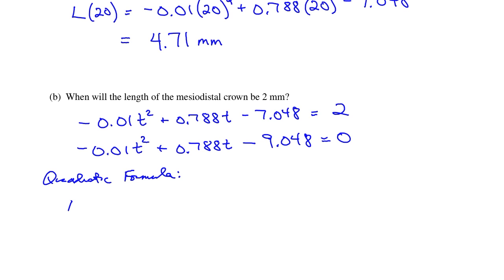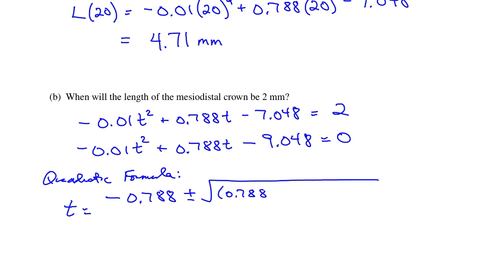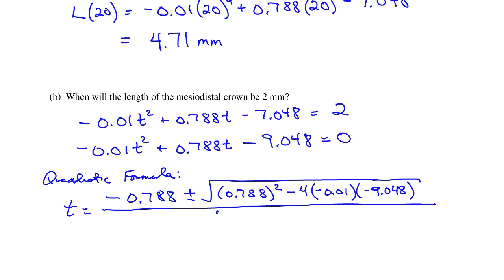So t is equal to negative 0.788 plus or minus the square root of 0.788 squared minus 4 times negative 0.01 times negative 9.048, all divided by 2 times negative 0.01.